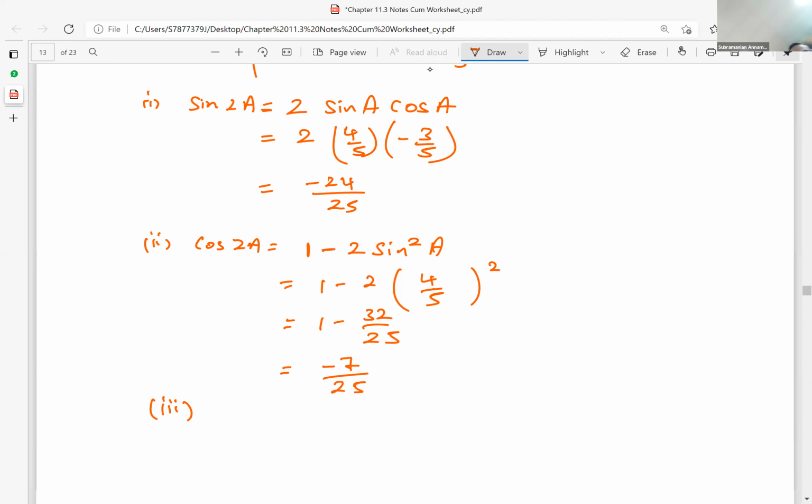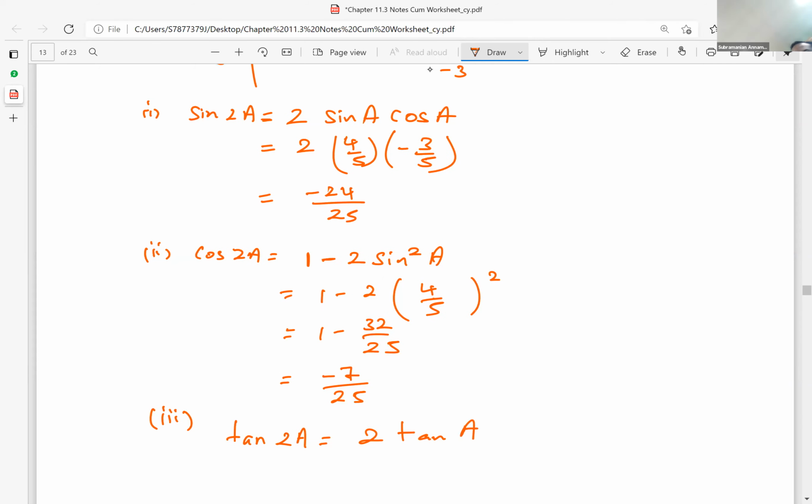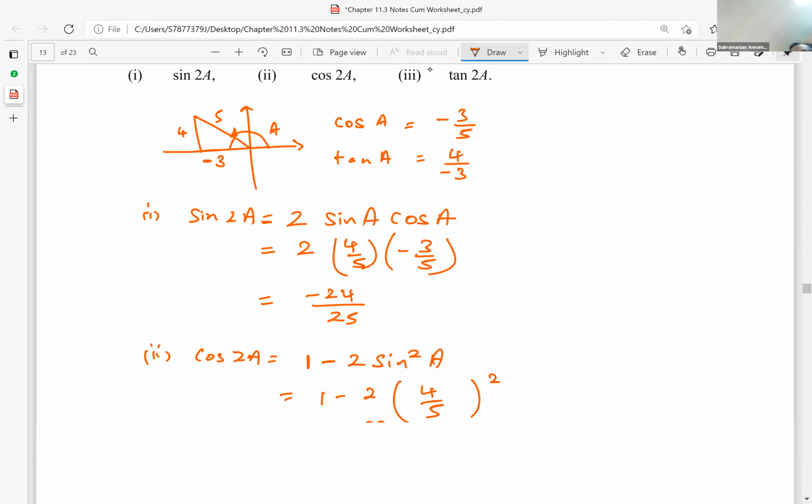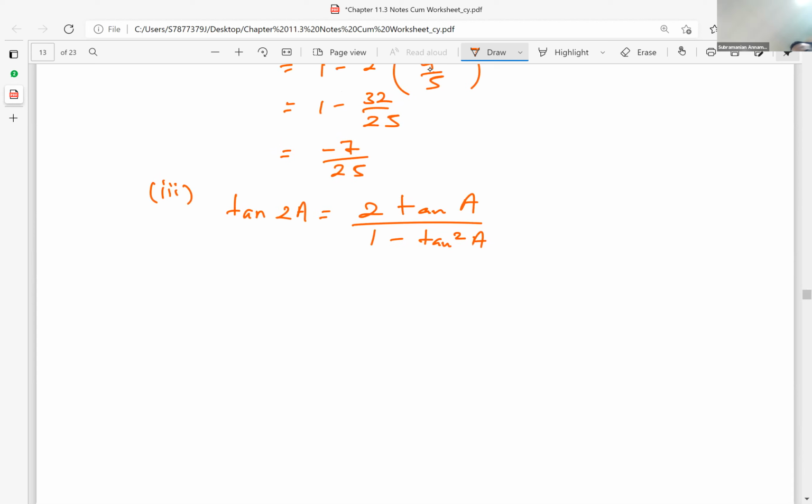Then the next one I think is tangent 2A, right? So what is tangent 2A? 2 tangent A over 1 minus tangent squared A, guys. So what is tangent A? Minus 4 over 3, sorry. So it's 2 times minus 4 over 3, over 1 minus (minus 4 over 3) whole thing squared.